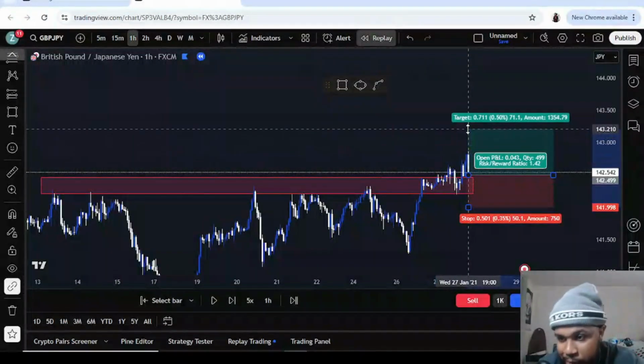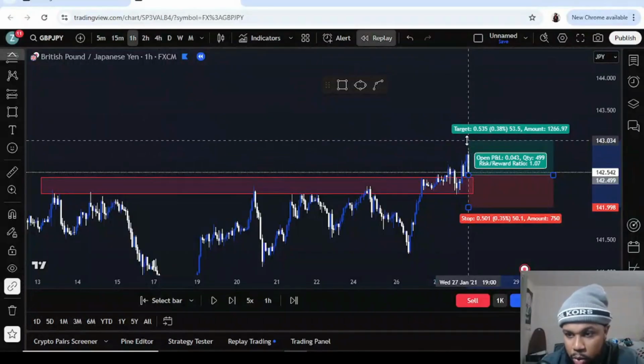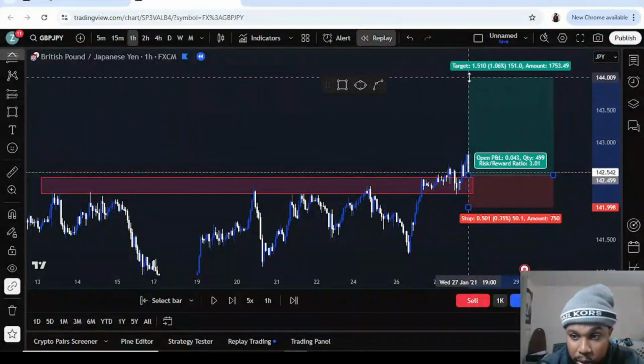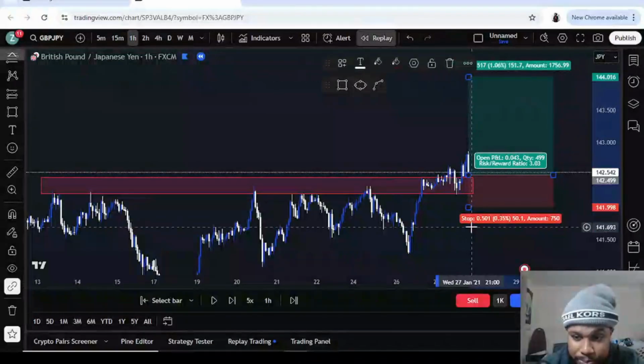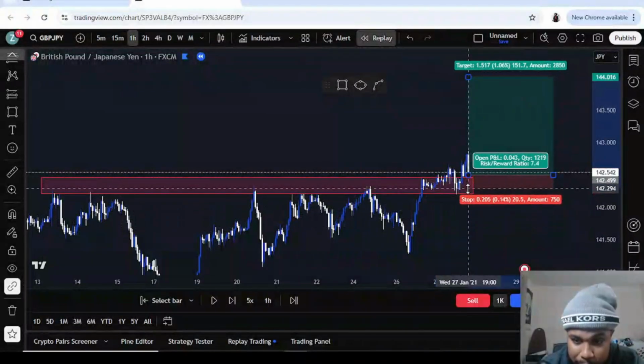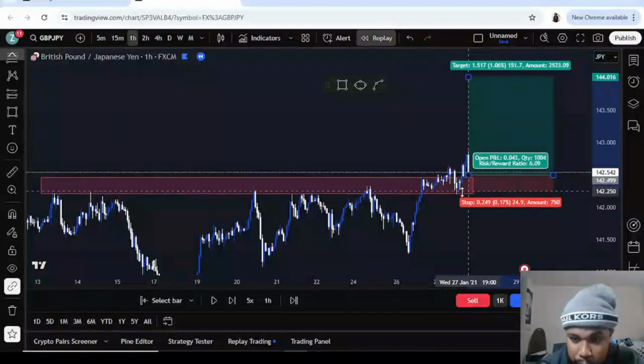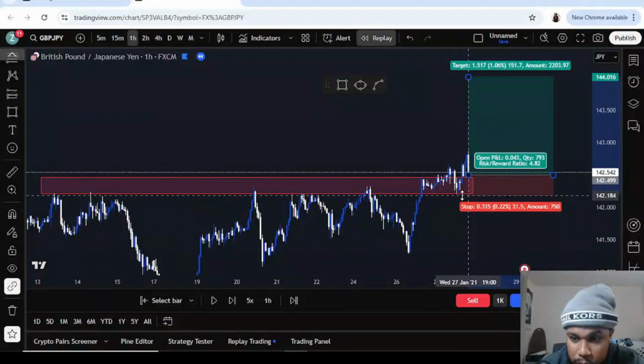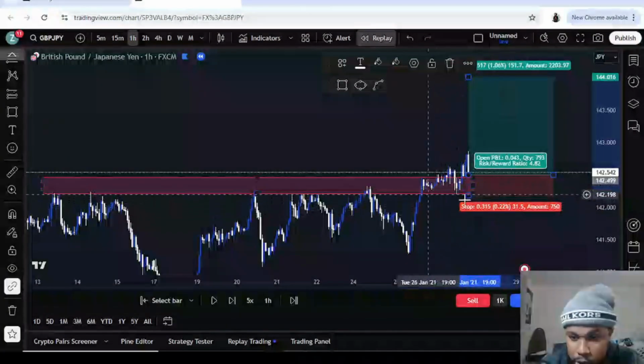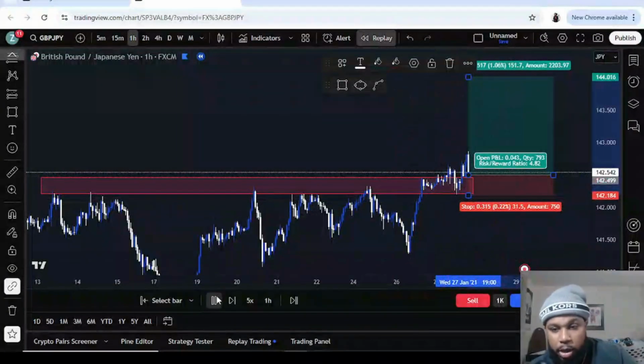Take profit. I'm gonna aim for the next key level, which is 143 with possible take profit of 144. And I'm gonna put my stop loss below the last rejection zone, which is below the set of candles. So let's see how this plays out.